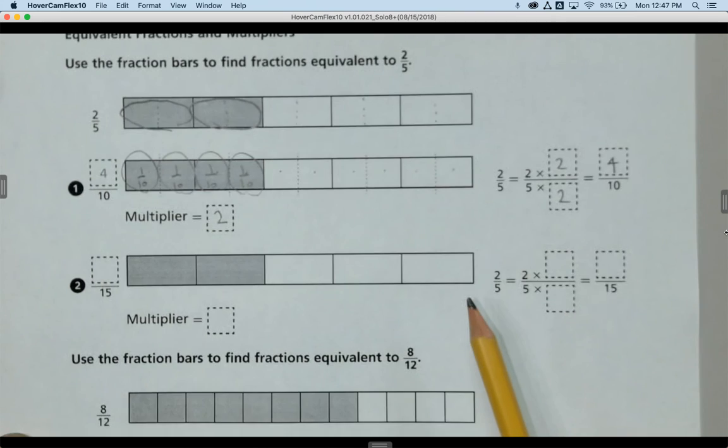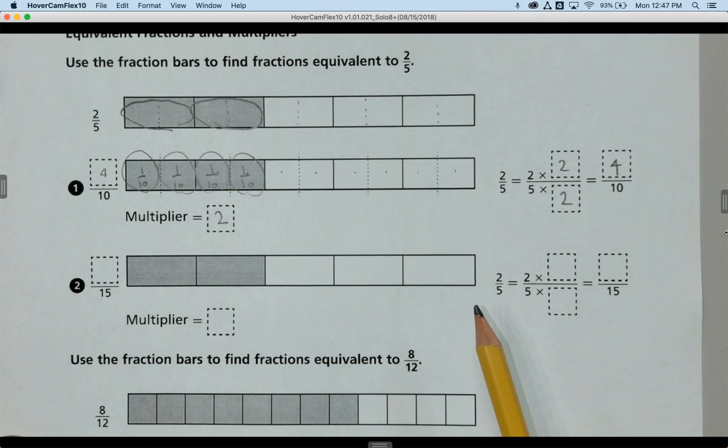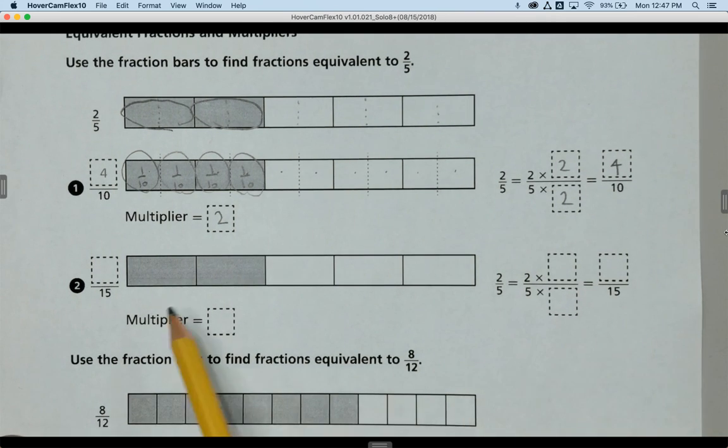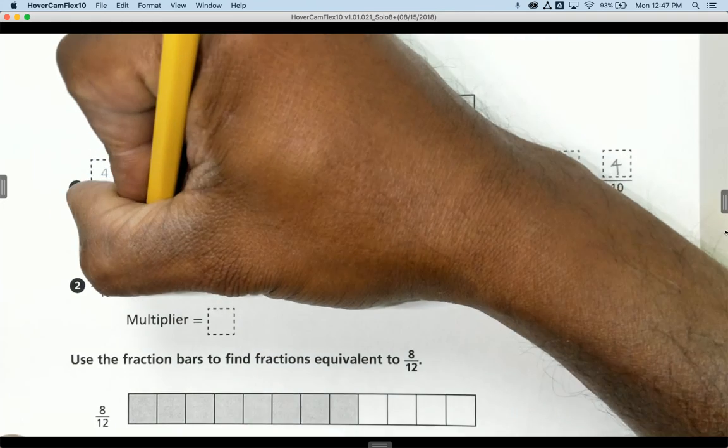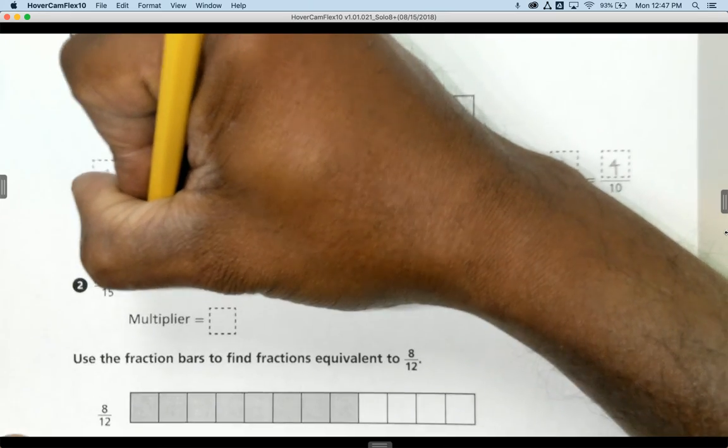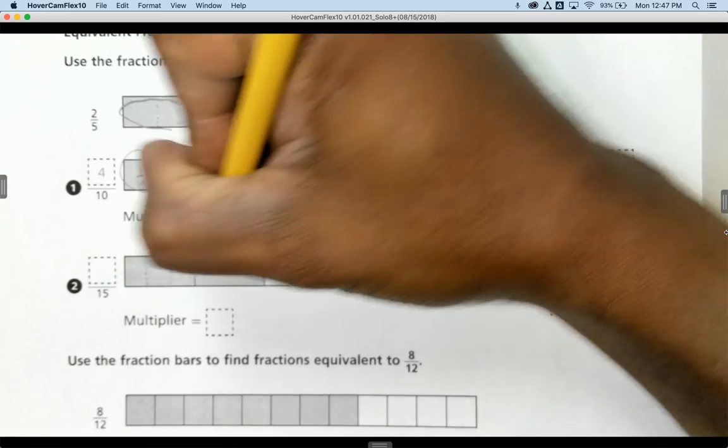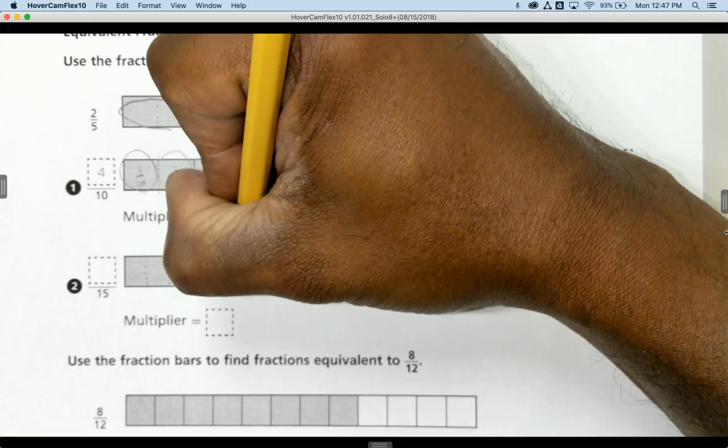Taking a look at practice problem 2. Again, we're still dealing with 2/5. That's the original value. But now I am taking this model that has been split into fifths, and I want to show it split into 15ths, which means I'm going to take each of my original parts and split them into 3 equal sections.